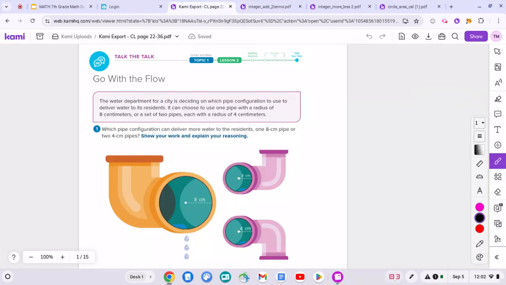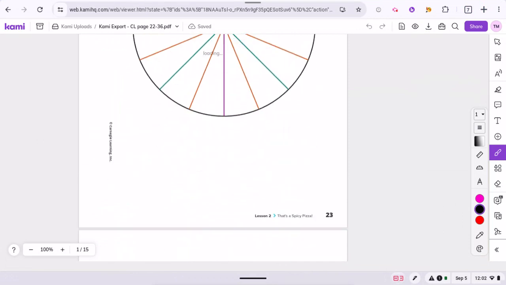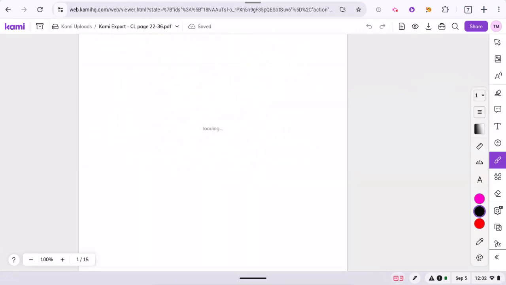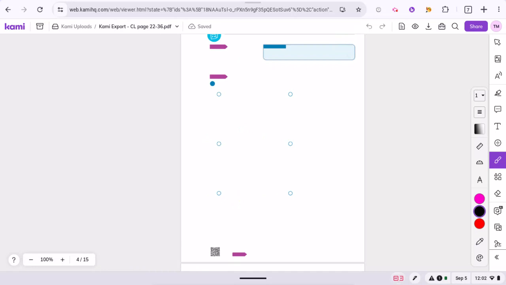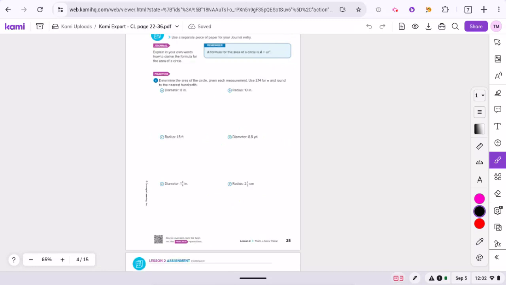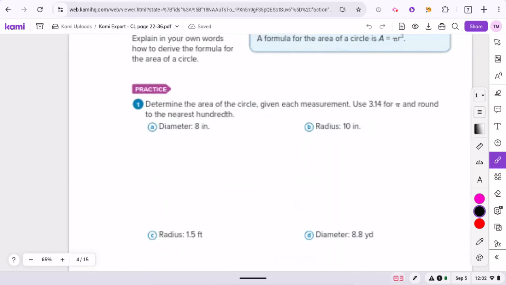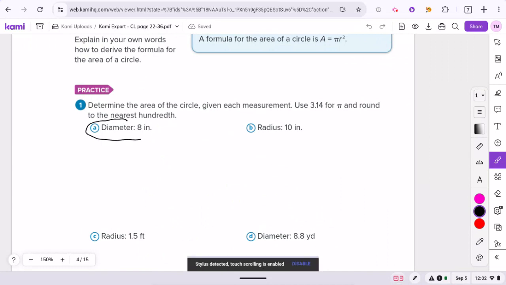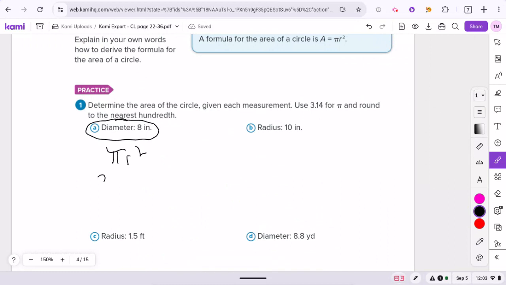And then also you might have a few problems that will ask you to compare, like for the unit prices, like the ones we've been doing with the pizzas. We did some of these in class, and I went over area as well, so you should remember how to do those. Remember, for area, pi r squared, this would be 3.14, which is pi.